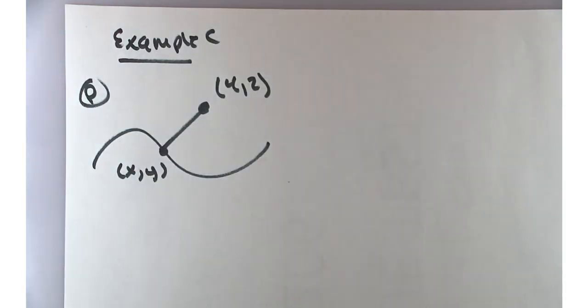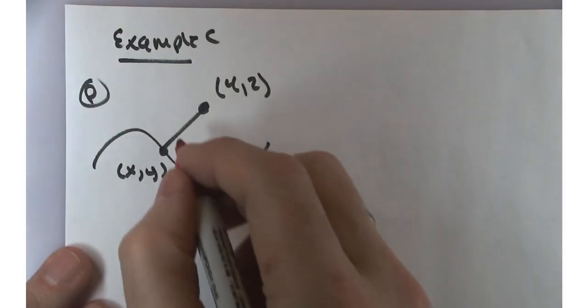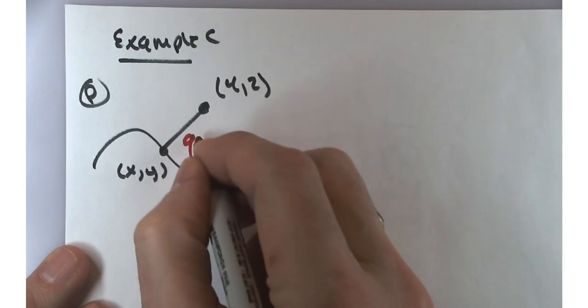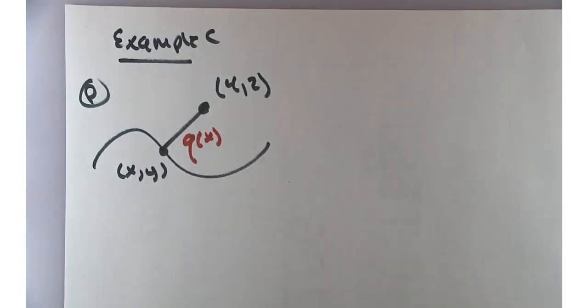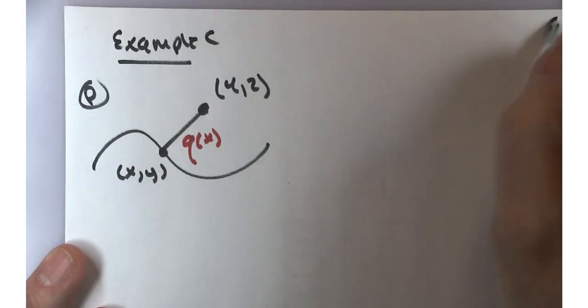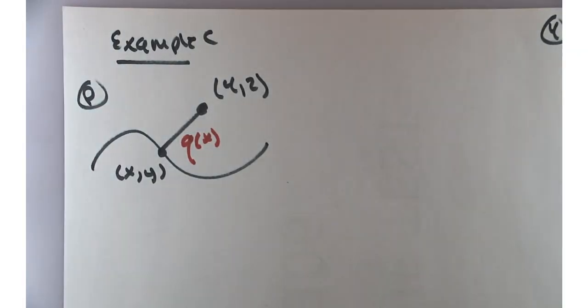We want to minimize this distance. And for reasons that I'll explain in a little bit, I'll call that q of x. That's what we're trying to minimize. We're trying to minimize that function. Okay. Picture. What comes after picture?